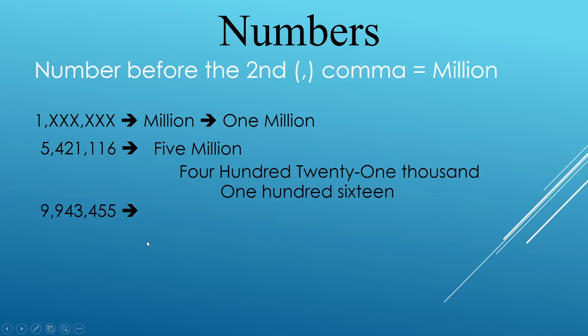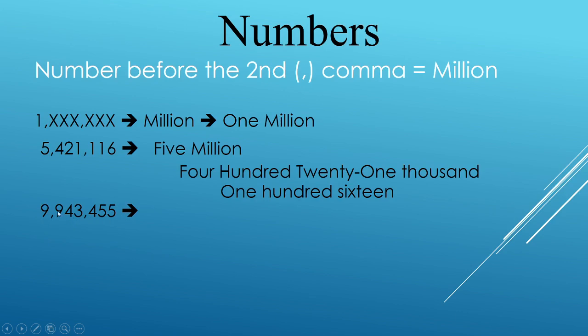All right, try to say this number by yourself. How would you say this number, or how would you read this number? Pause the video, try a few times, and then unpause the video and listen to me. All right, to say this number, remember, this is the first comma, this is the thousands, this is the second comma, this is the million.